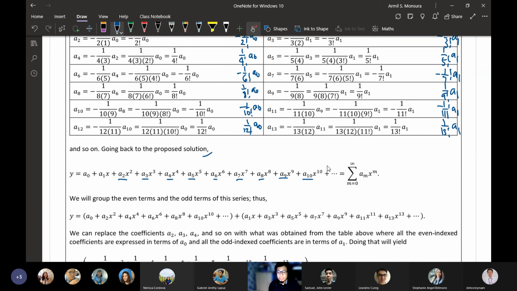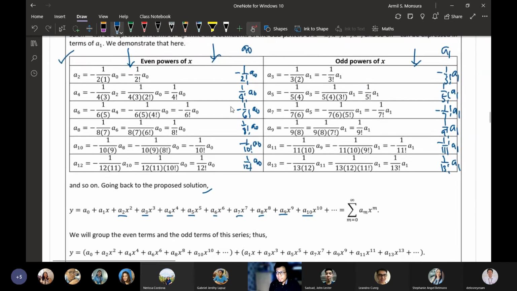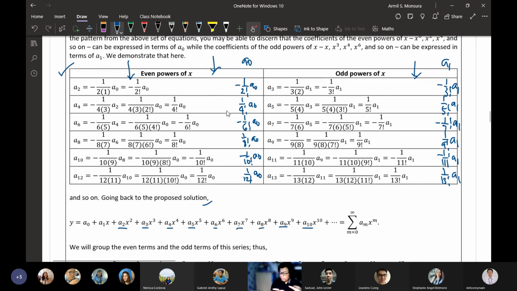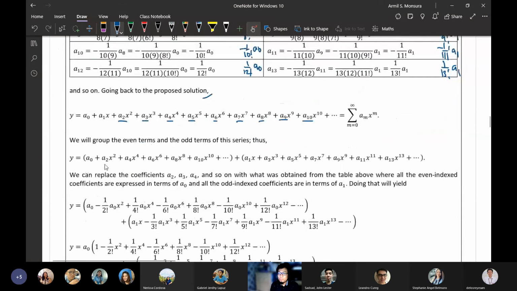Okay? But here's the thing. Since yung coefficients natin ay nakagrupo in terms ng even powers of x at saka odd powers of x, yun yung ginawa ko dito. Nire-arrange ko tong series na to.